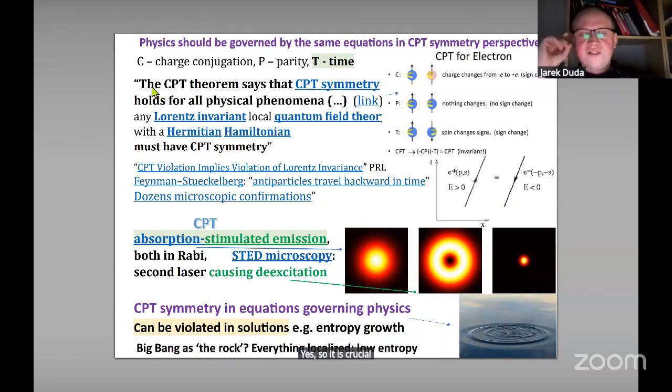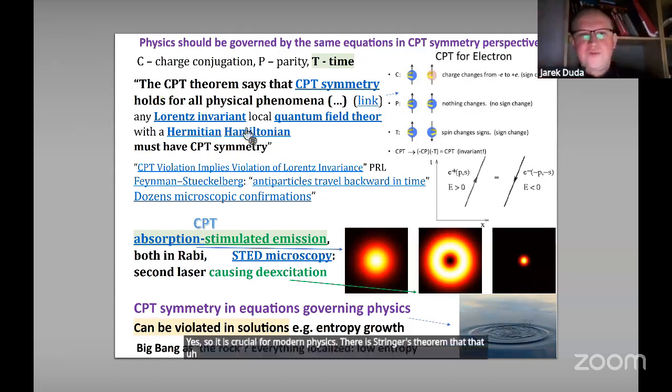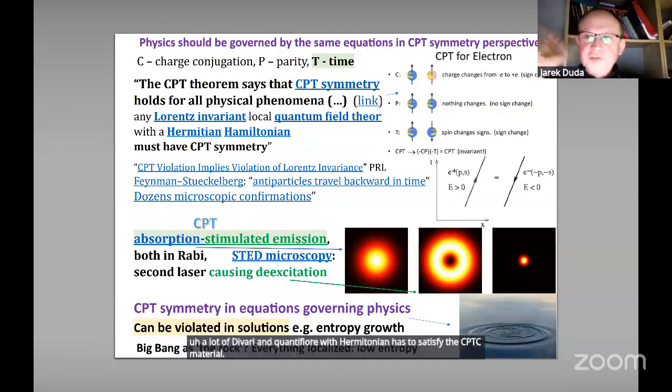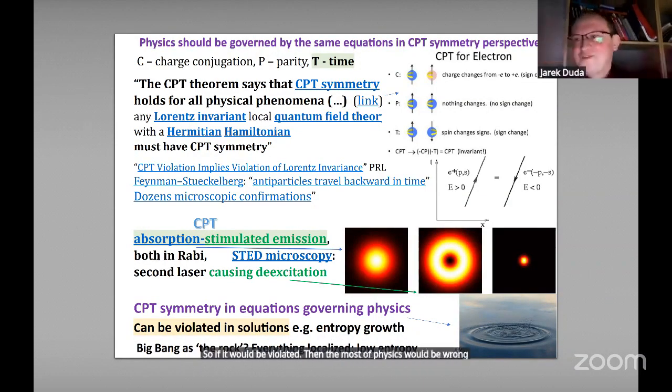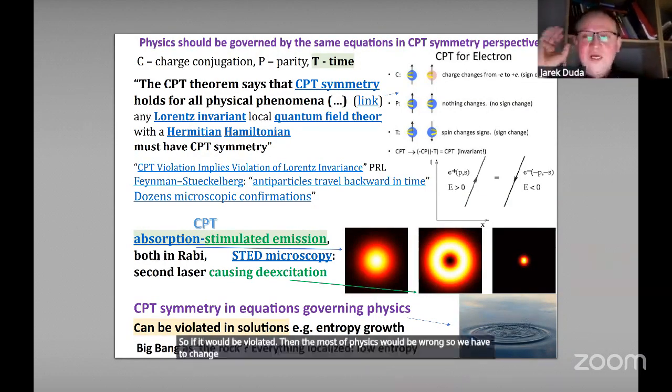There is this Schwinger's theorem that a Lorentz invariant quantum field theory with a Hamiltonian has to satisfy the CPT symmetry. So if it were violated, then most of physics would be wrong, and we would have to change the entire physics.